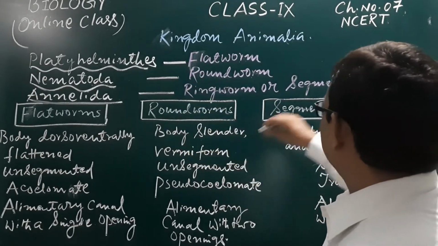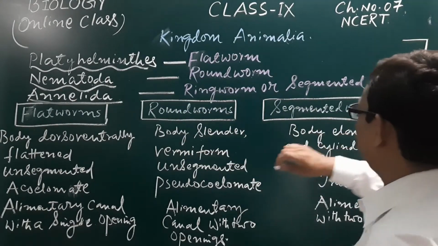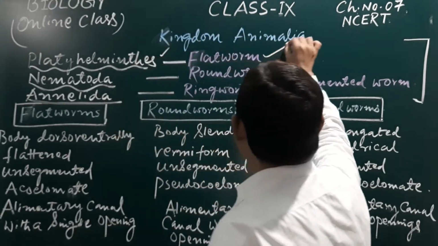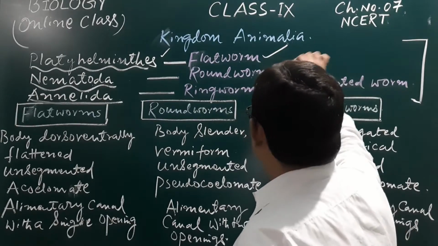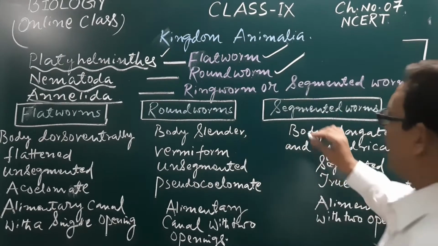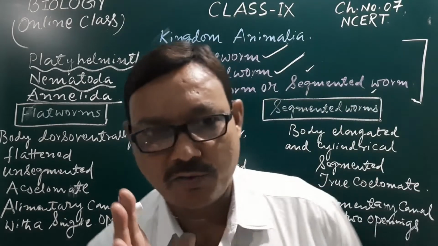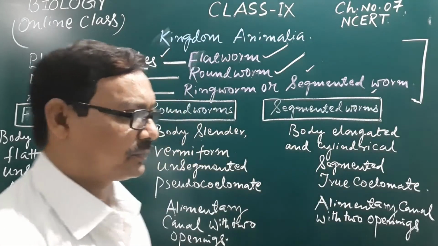All these 3 are related to worms. That is why Platyhelminthes are known as flatworms, Nematoda as roundworms, and Annelida as ringworms or segmented worms. I would like to revise what we have studied.